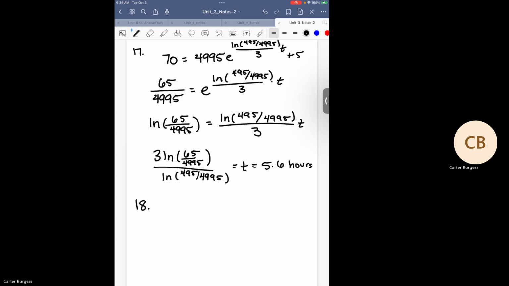Okay. And then lastly, what will the temperature of the knife be after 24 hours?